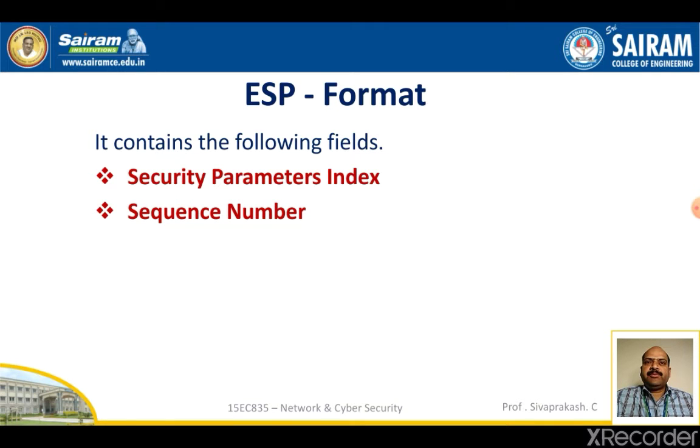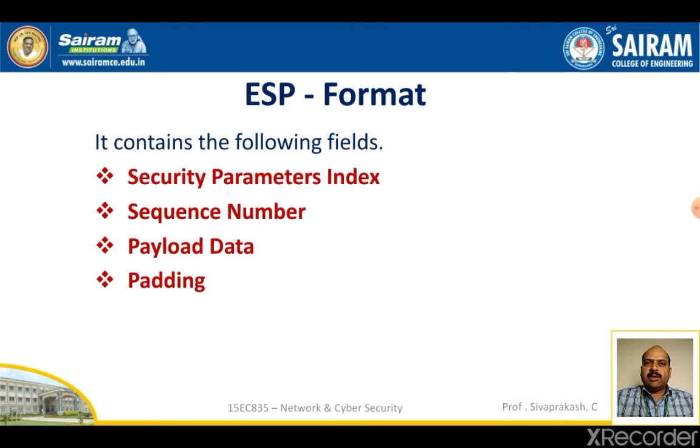Sequence number, which is a monotonically increasing counter value, provides an anti-replay function, also 32 bits. Payload data, of variable size, is a transport-level segment for transport mode or an IP packet for tunnel mode. This is protected by encryption.